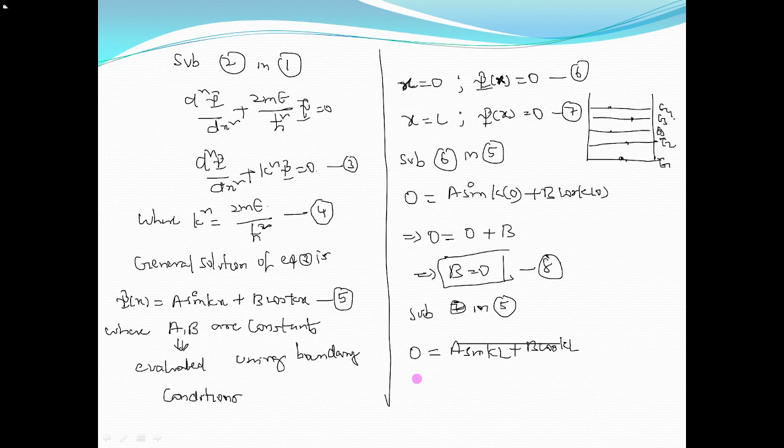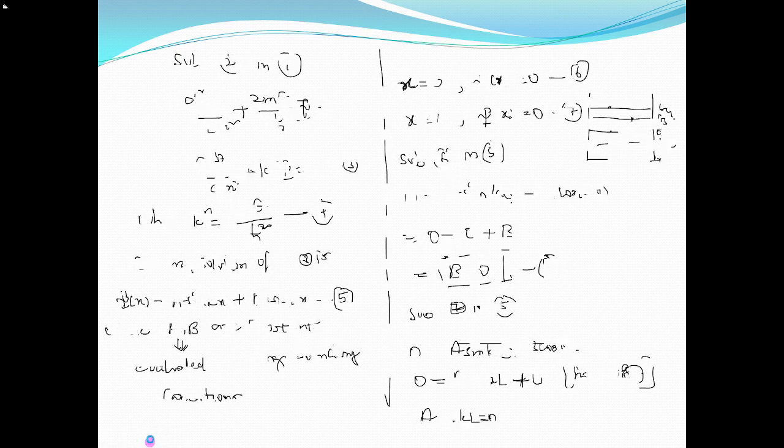B is 0, so B cos kL will be 0. This is from equation 8. Now I got A sin kL is equal to 0.